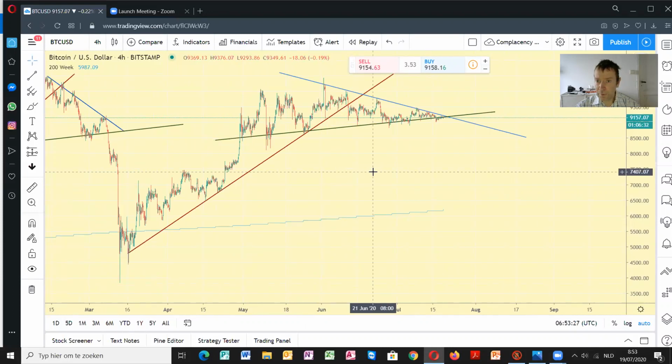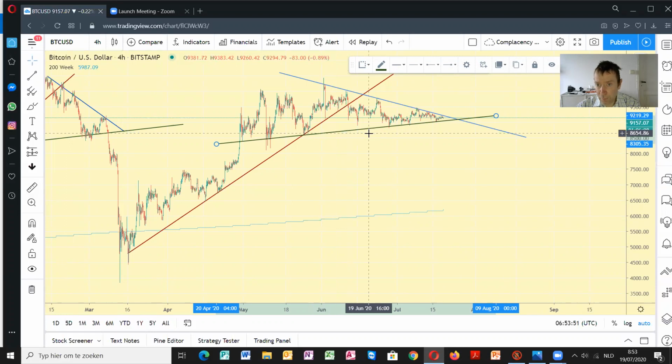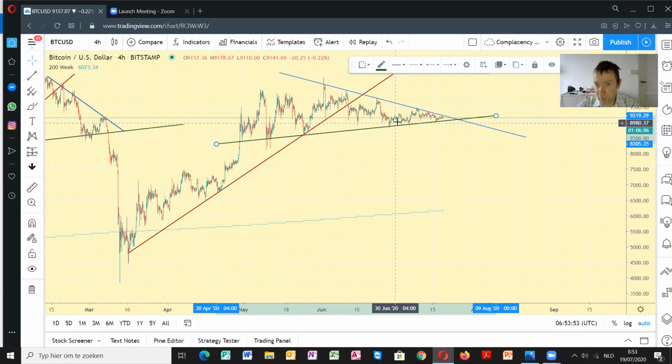But if we would give another place to this green trend line, for example, like this, it would also make sense because we have these wicks to the downside.